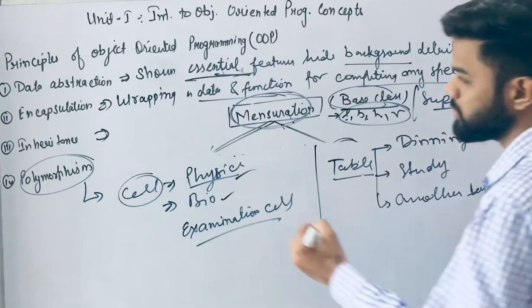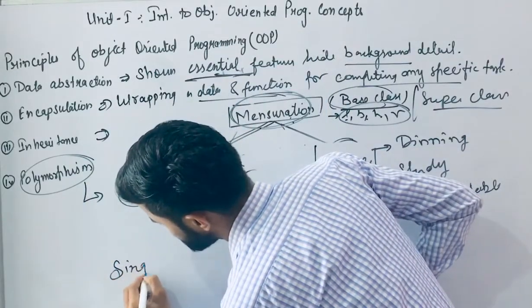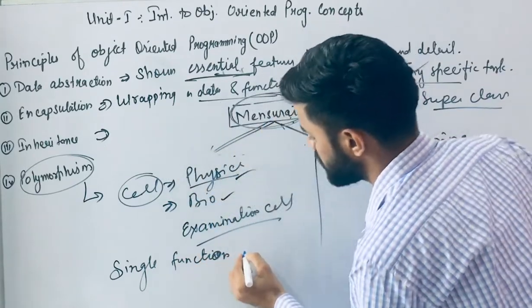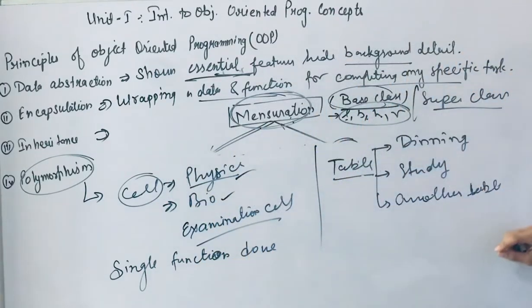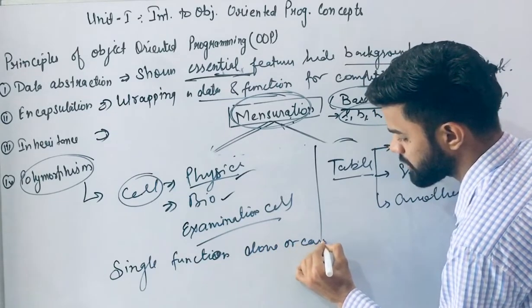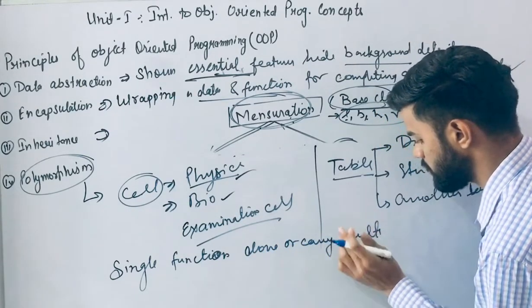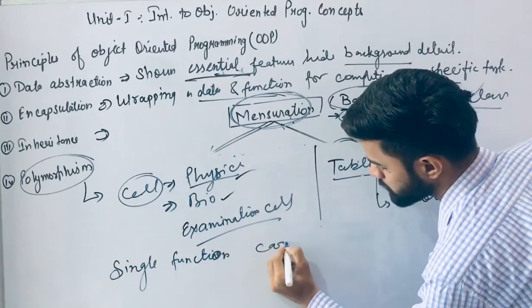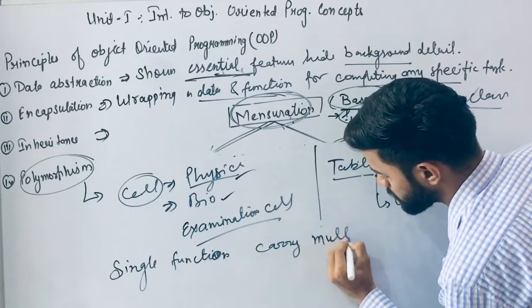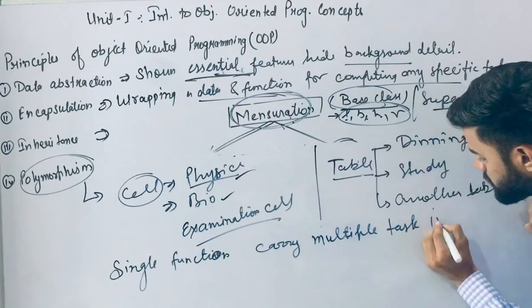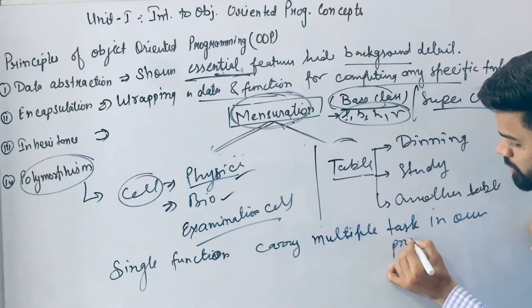So in polymorphism, a single function carries out multiple tasks in our programs.